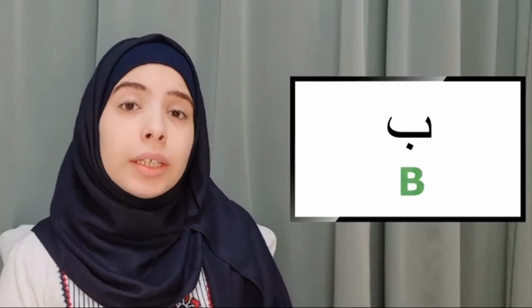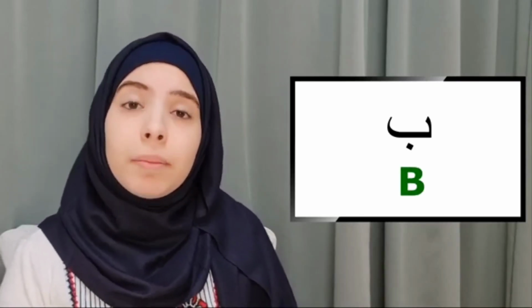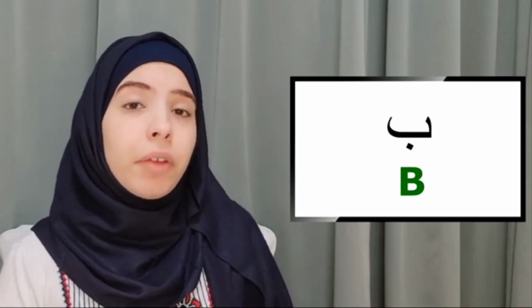What matters here is the sound of this letter, how to pronounce it, which is very easy because it sounds exactly like the letter B in English. So, ba, ba, ba. Very easy.